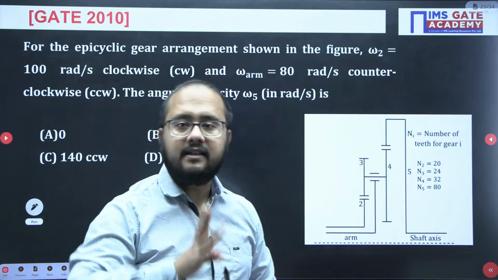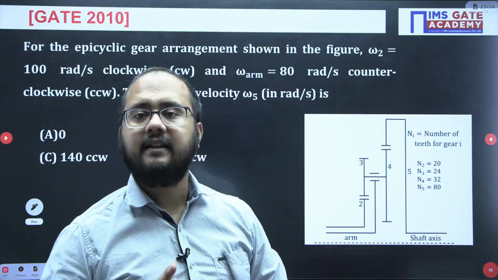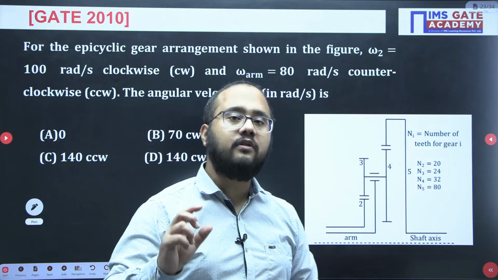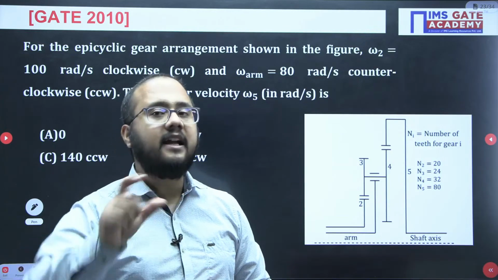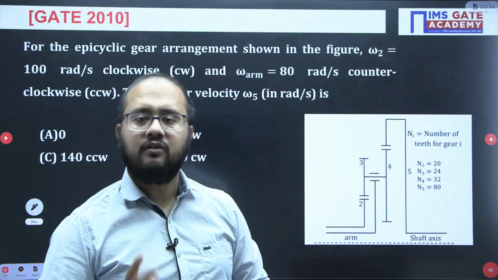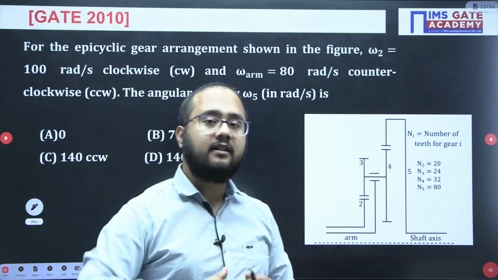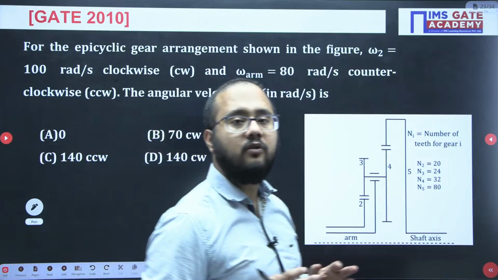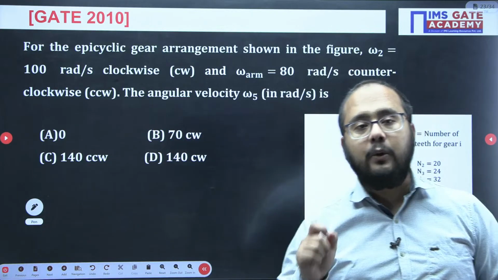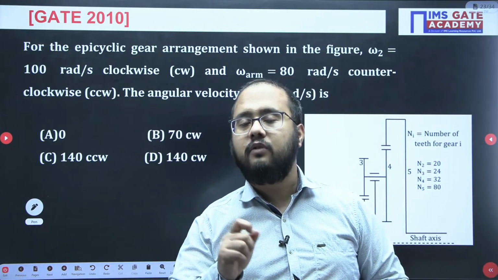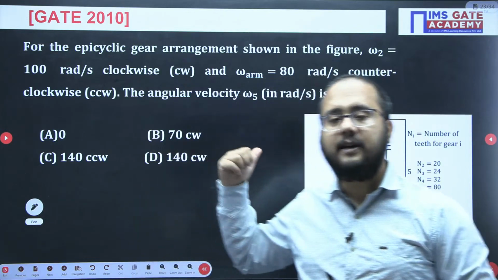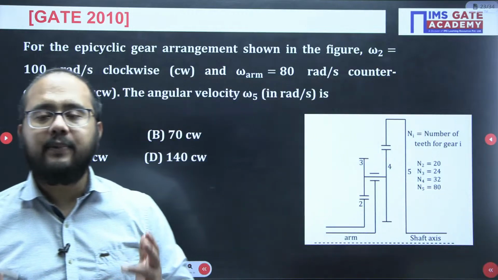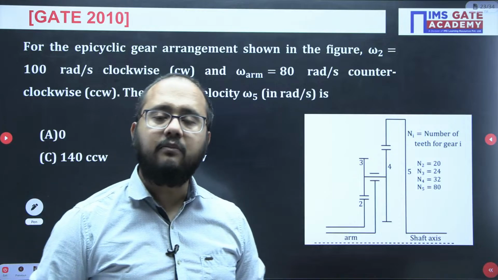So in the entire GATE history, only 2 questions have been asked in terms of line diagram for an epicyclic gear train. The first was asked in GATE 2010 and the other in GATE 2024. Epicyclic gear train was given in the line diagram in GATE 2024.